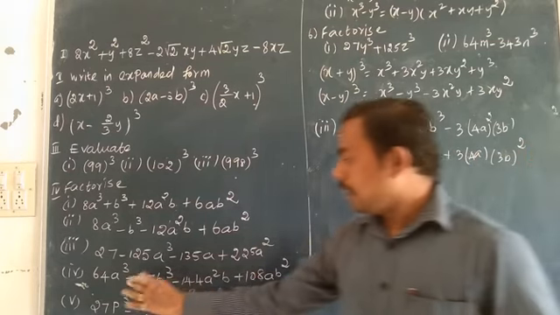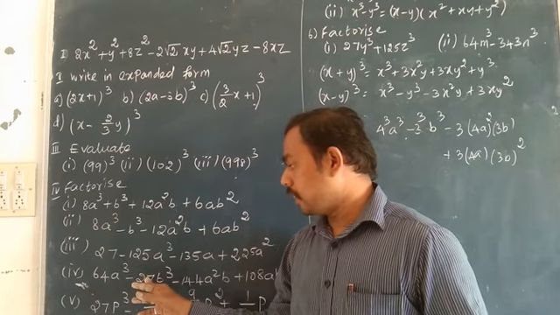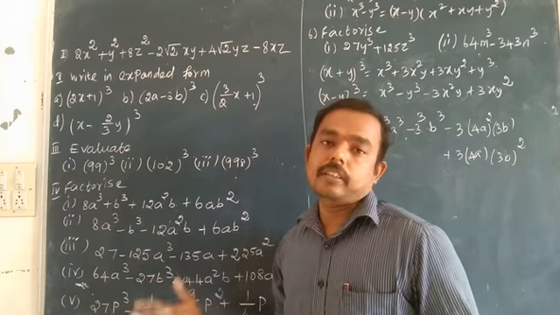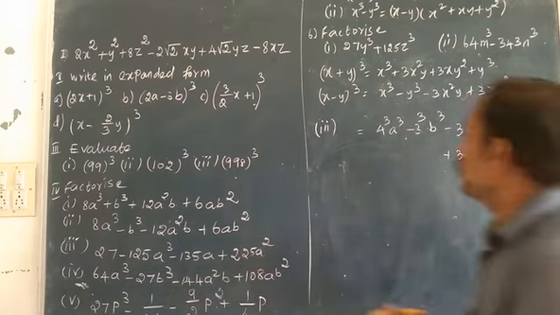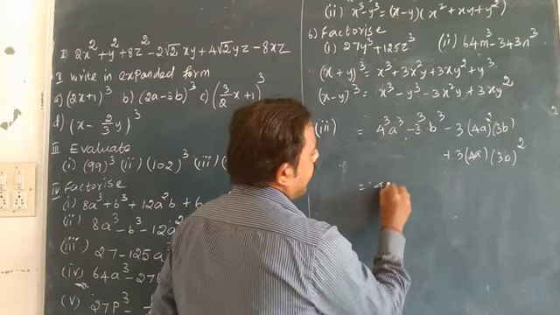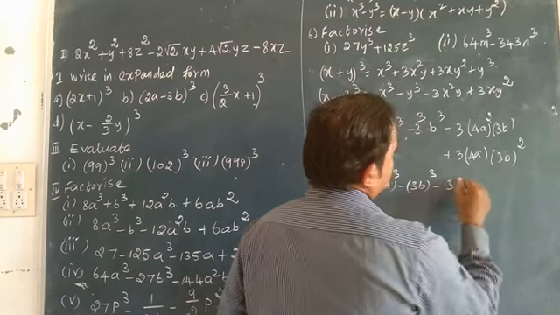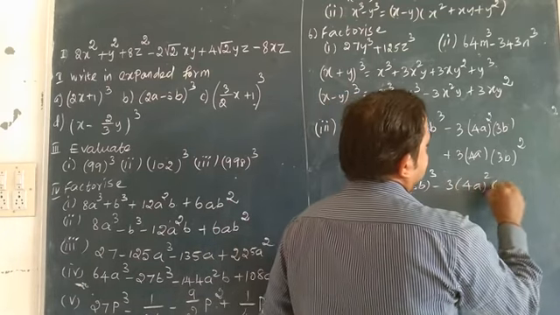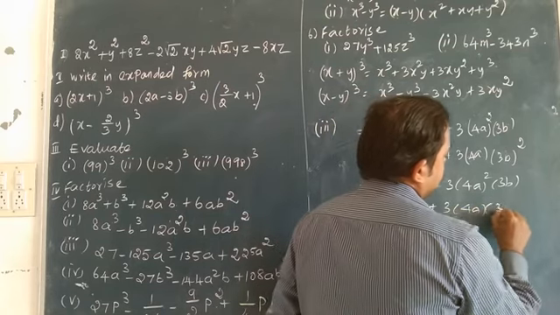So like that you can identify your a and b, or x and y, by using your cube. Here 4 power 3 a power 3, so 4a is the first term. Here 3 power 3 b power 3, so 3b is the second term. Just use your identity. So you can write this one as 4a the whole power 3 minus 3b the whole power 3 minus 3 into 4a whole square into 3b plus 3 into 4a into 3b the whole square.